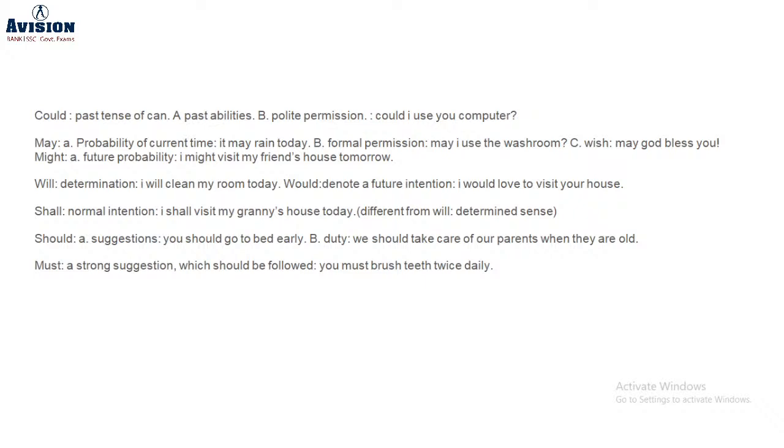So these are the usual kinds of modals which are asked. And apart from these verbs, because these are the auxiliary verbs which we discussed, most questions are asked from here.